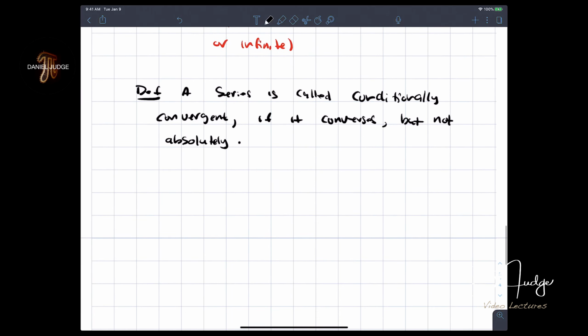Okay, now let me tell you what this really means. They're saying that the series converges. This series is finite, but in absolute value, it's divergent. It's the prior example that we just did.